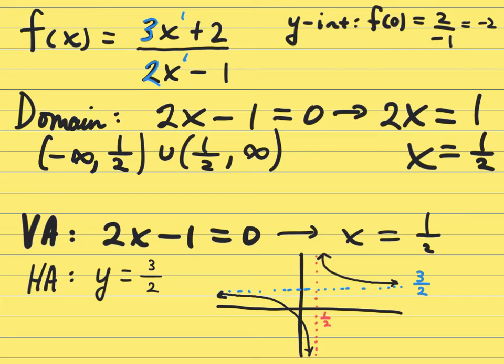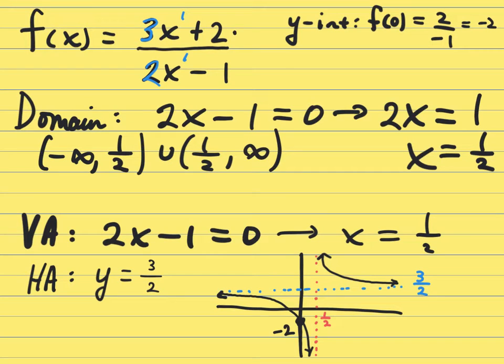Back down here at the graph, negative 2 is your x-intercept. Excuse me, let me erase that because that's wrong. There we go, negative 2 here, y-intercept. It's already been a long day.